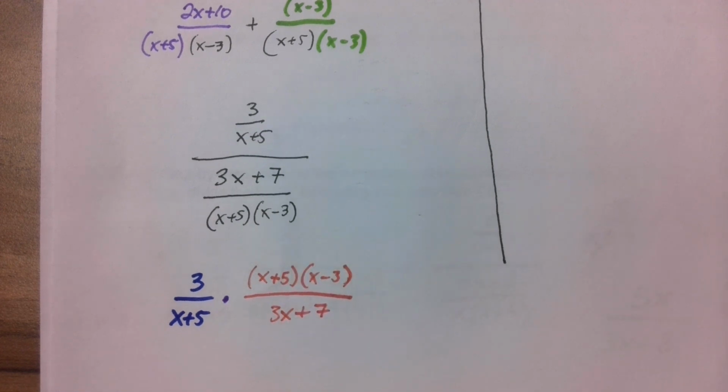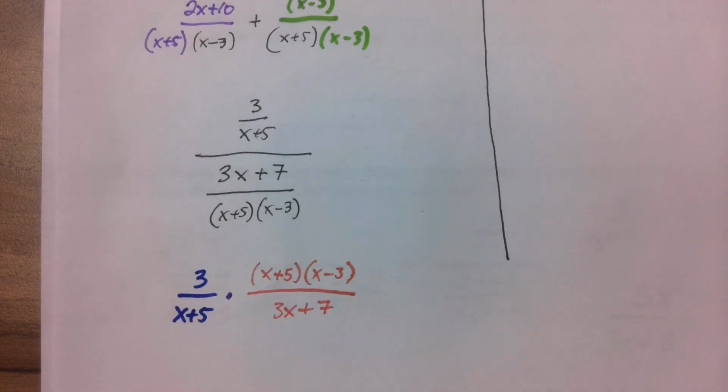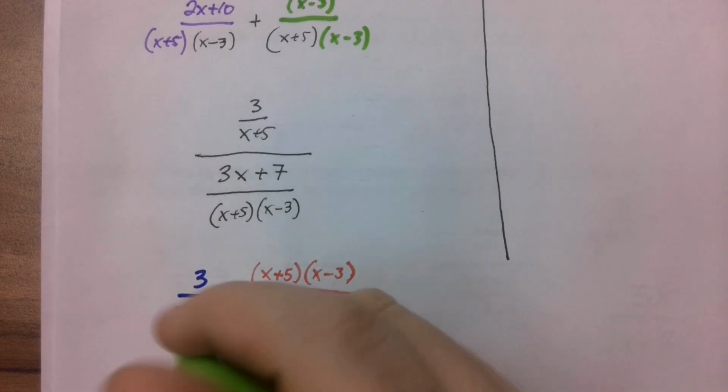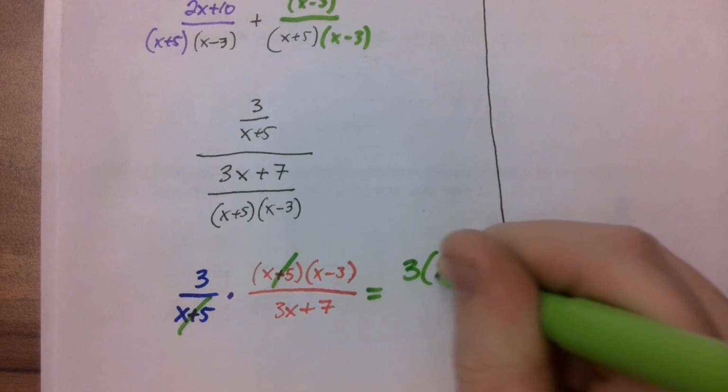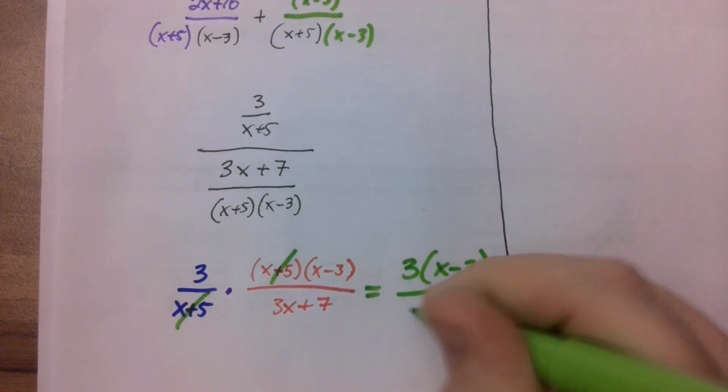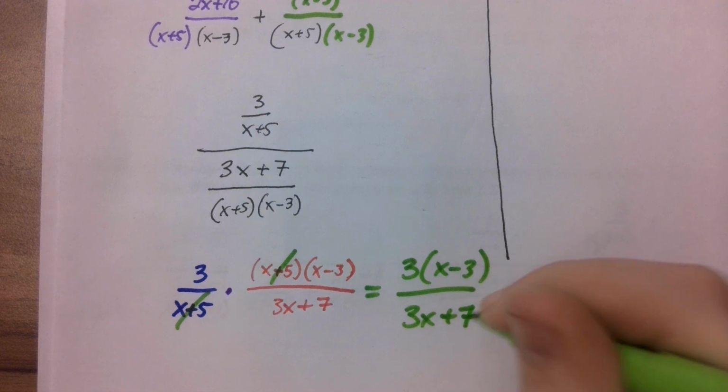Here, when we multiply things out, we can go through and actually do this multiplication. It's going to be a little bit trickier to do, however. We do see some things cancel out, thankfully, but there's going to be something tough here. We see that the x plus 5s will cancel, saving us from a lifetime of hurt. We have 3 times x minus 3 over 3x plus 7.